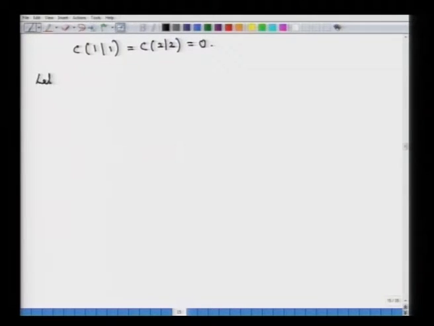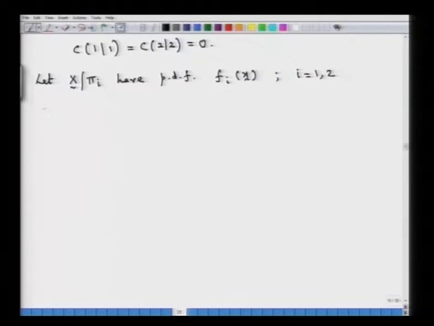Now, let us also have a density associated with such pi i populations. Suppose x given pi i has a density, the joint density of x1, x2, up to xn, denoted by fi x. This is for both the populations 1 and 2.